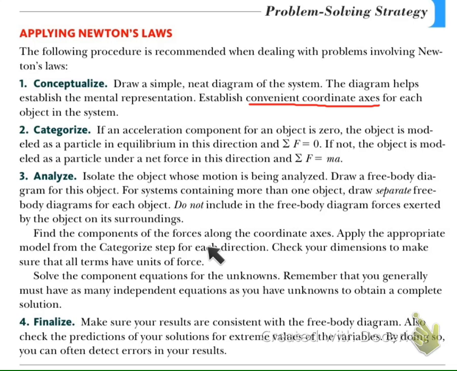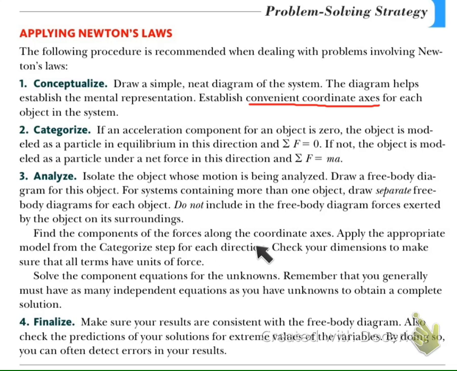And if the net force on that component of the coordinate axis is 0, you have the equilibrium problem. If not, you have to analyze the acceleration and the velocity and the position.